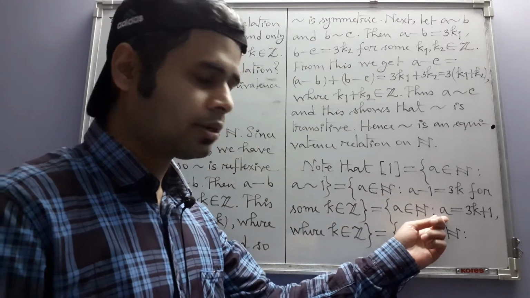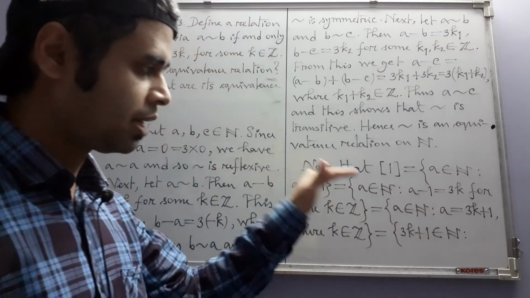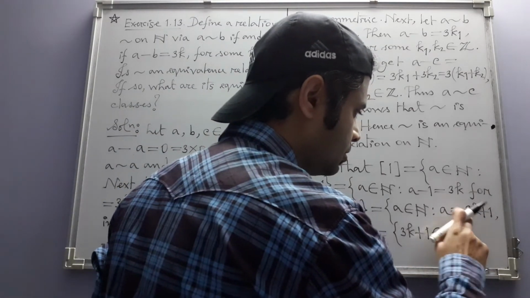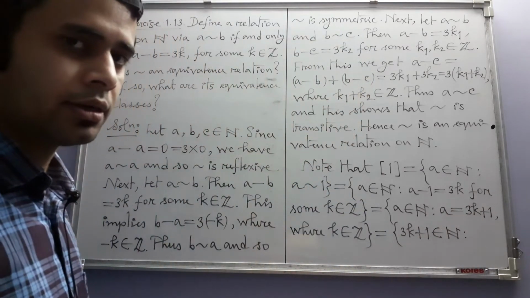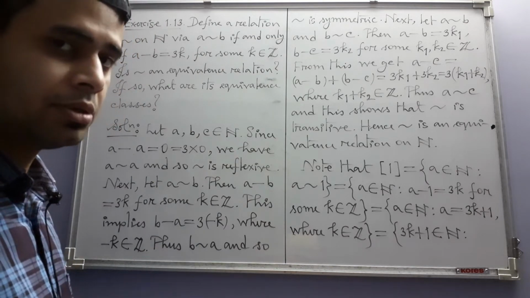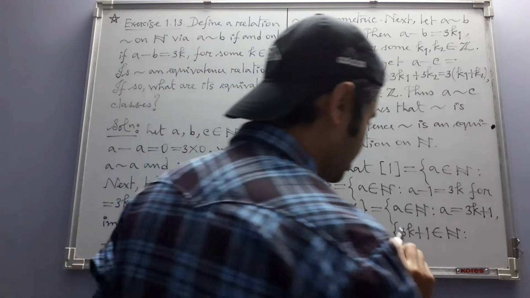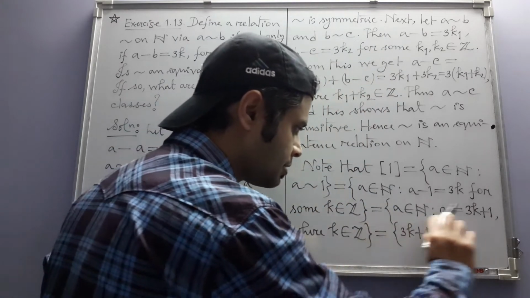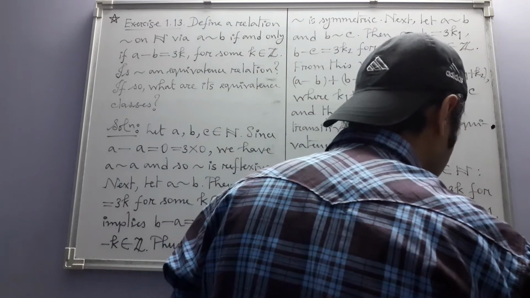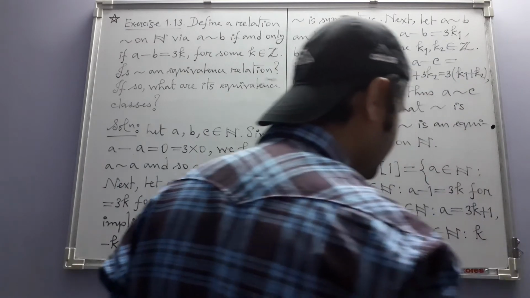Because a is natural, that's where we start. So k cannot be just any integer. The minimum value of k will be 0. So that's why when we are writing this set more compactly like this, we have to take non-negative integers.